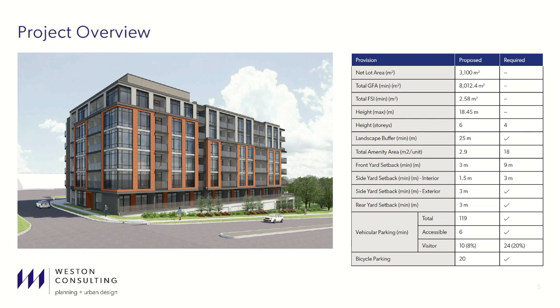One of the aspects that I want to focus on, and this is perhaps in listening to the last deputation, is the amount of amenity area that's being considered in this plan. Our application shows a deficiency of total amenity area at 2.9 meters squared per unit.